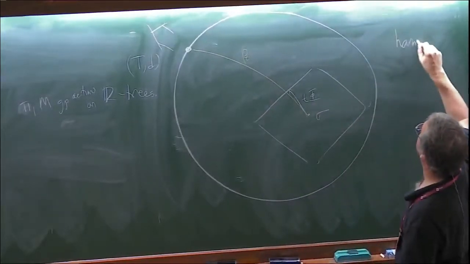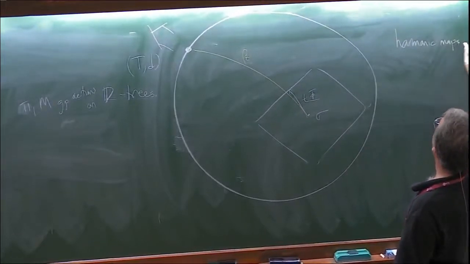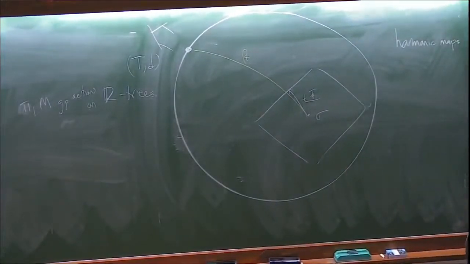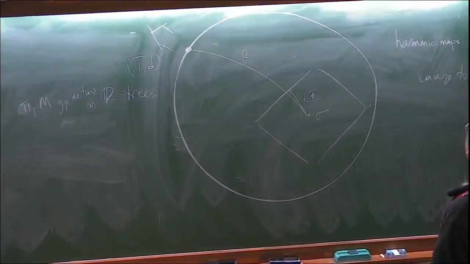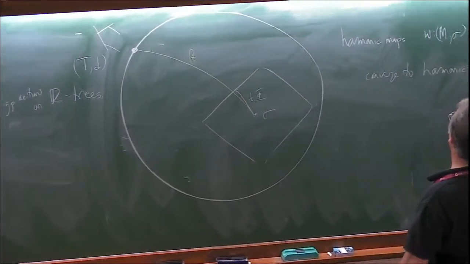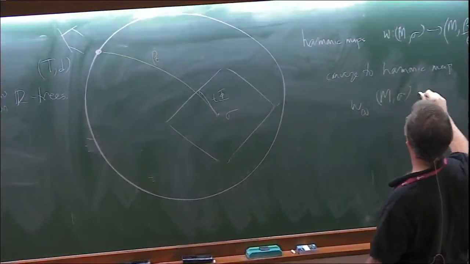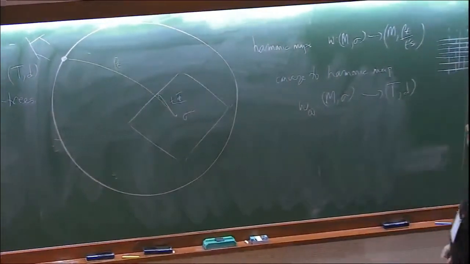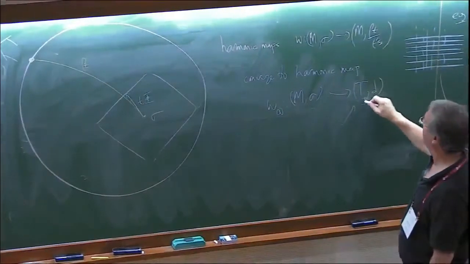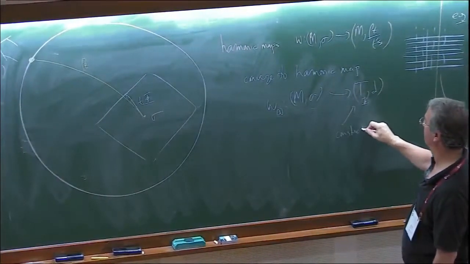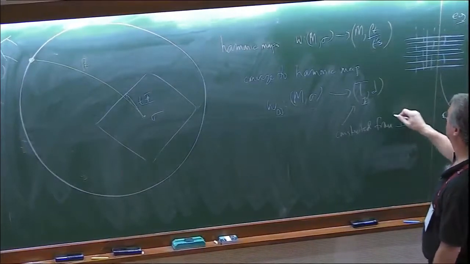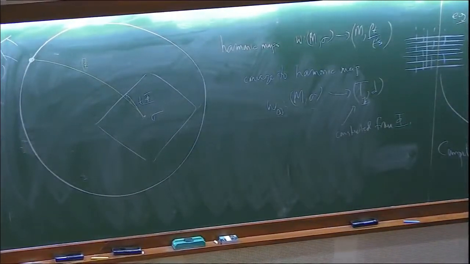So what we've seen is that the harmonic maps from m sigma to m rho t, as long as I rescale, converge to a harmonic map from m sigma to a real tree constructed from that Hopf differential.